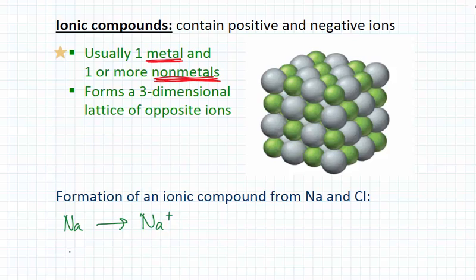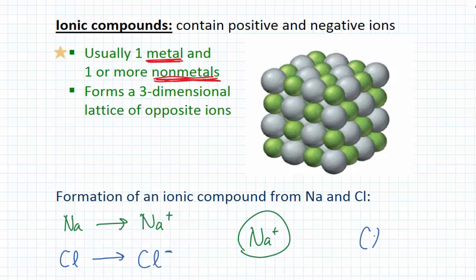Chlorine gains an electron to form the Cl- ion, and as a result, these are the stable ions that they form. The sodium ion with its plus charge, if it's next to the chloride with its minus charge, they are attracted to each other because opposite charges attract.